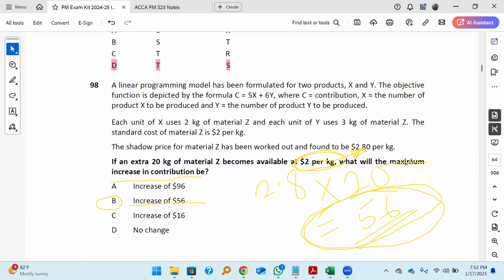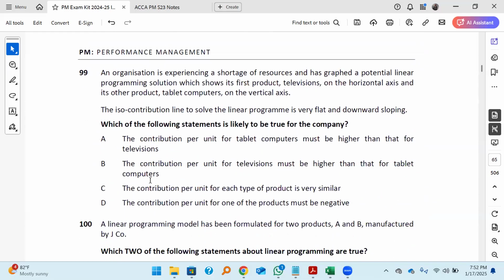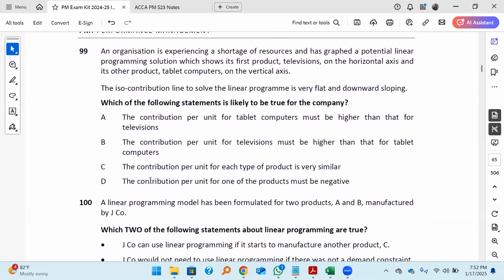But they asked for the maximum, so we don't look at this figure at all. Basically, they were trying to ask us to determine the shadow price, but for all the kilograms, not just the one.